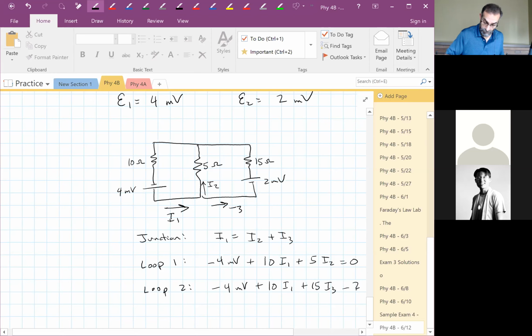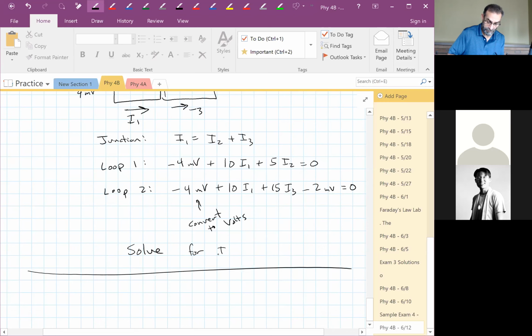Okay, be careful of your units. You probably want to convert those to volts.